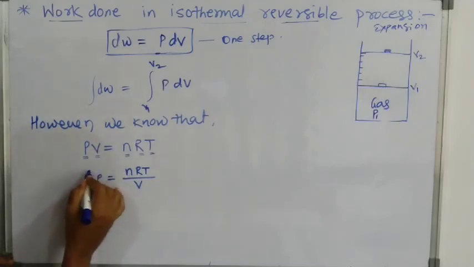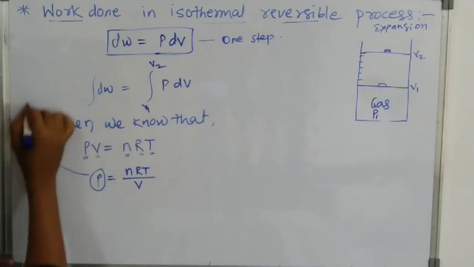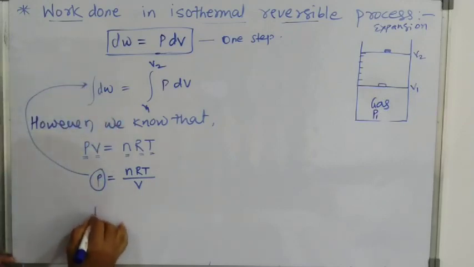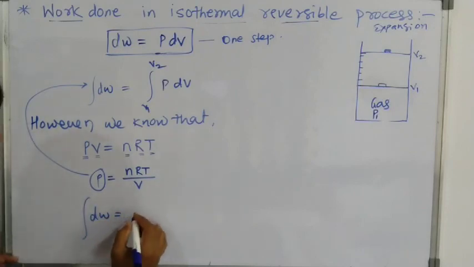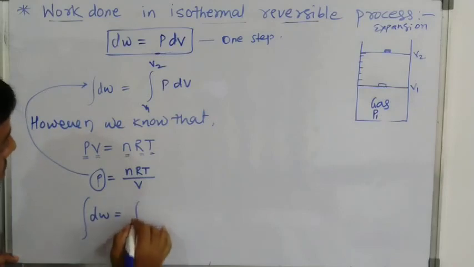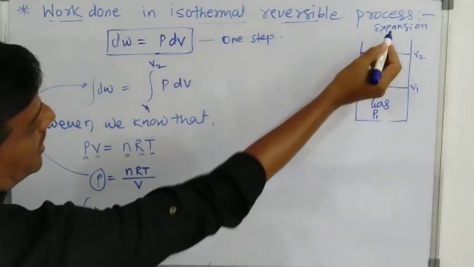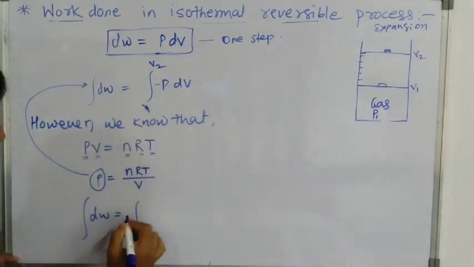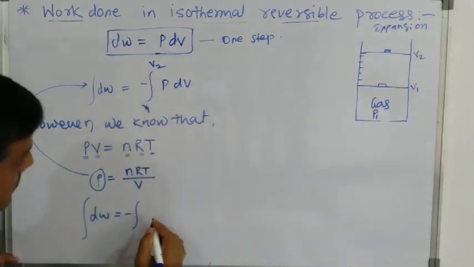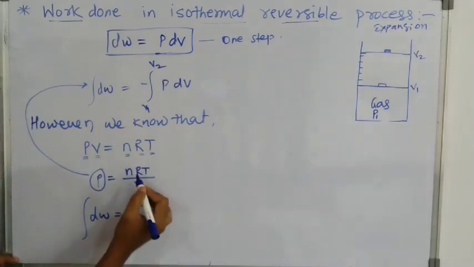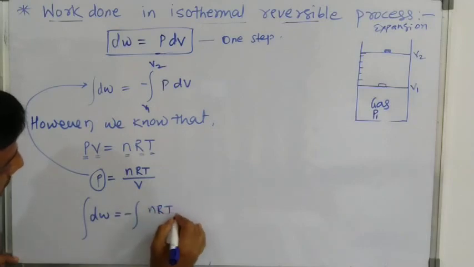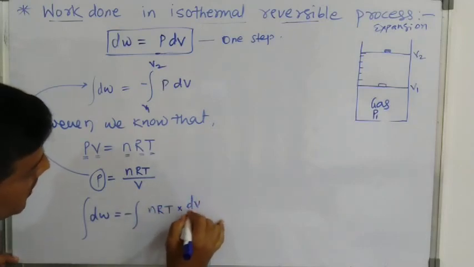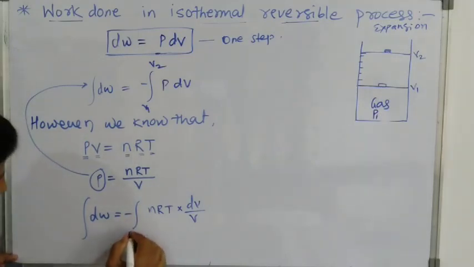Now put the value of this P in this equation. The work done in the reversible process is equal to the integration of, since it is work done in expansion, we take it with a negative sign. After putting the value of P in this equation, we get nRT into delta V upon V, with the integration taken from V1 to V2.